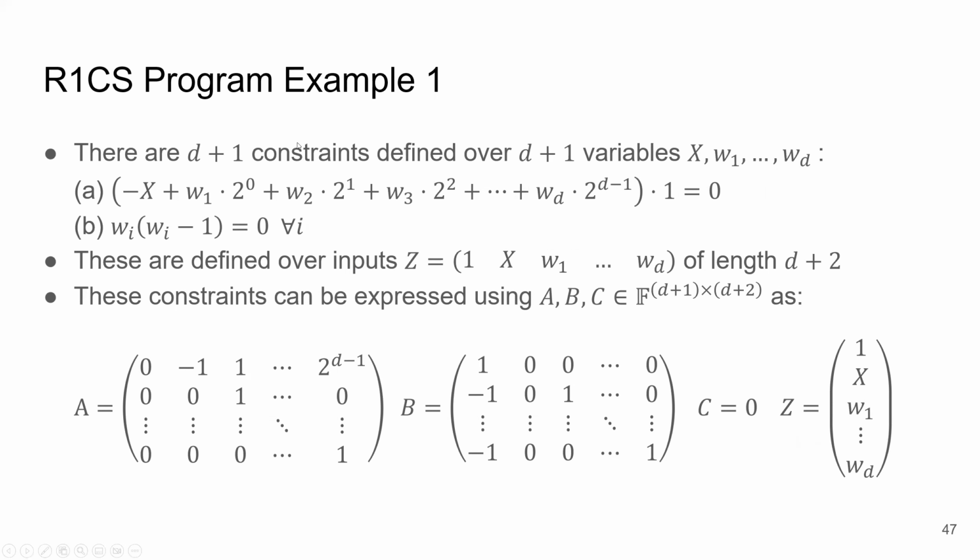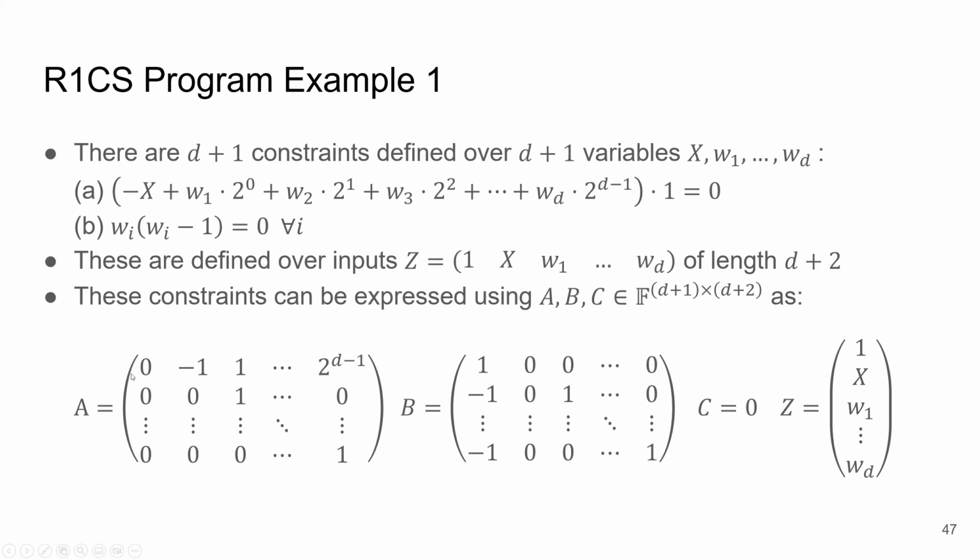So given that there are D+1 of these constraints defined over these D+1 variables, and we have an input vector Z with length D+2, then we can finally build our matrices A, B, and C. These A, B, and C will have dimensions D+1 times D+2, and they will look like this.